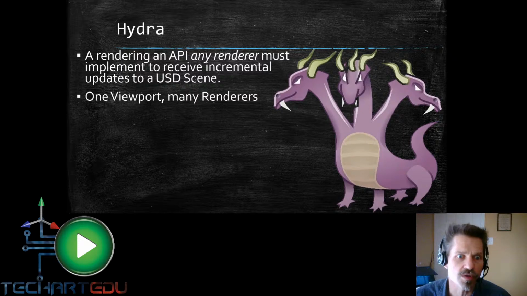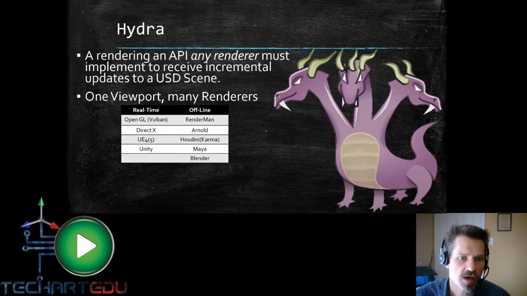This is totally amazing because with one viewport, you can have many, many renderers. If you wanted to go into real time, you can have an OpenGL or Vulkan or DirectX display port. You can have a UE4 or a Unity display port. And at the same time, you could also be looking at RenderMan or Arnold or maybe Maya or Blender or Katana.